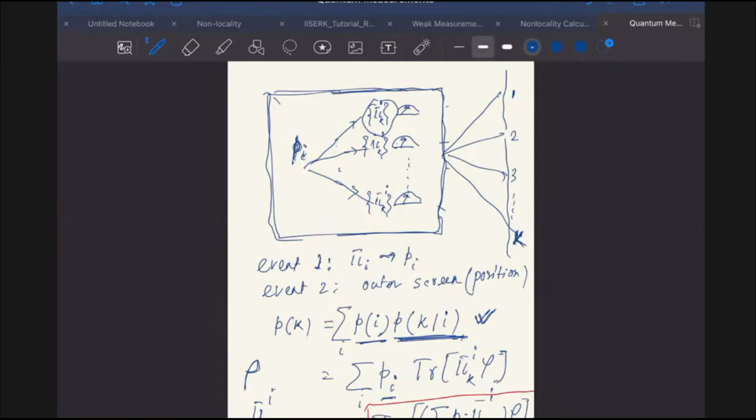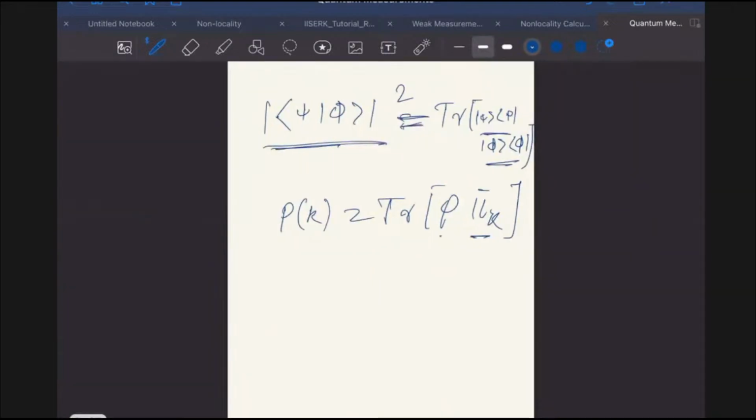Why is this coming? Because now the one-to-one correspondence between this position detection and this spin has vanished. So for a particular detection at k, the viable projectors can be any of the pi i k. There is a certain probability pi i.